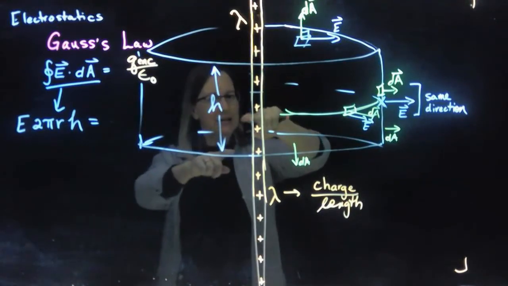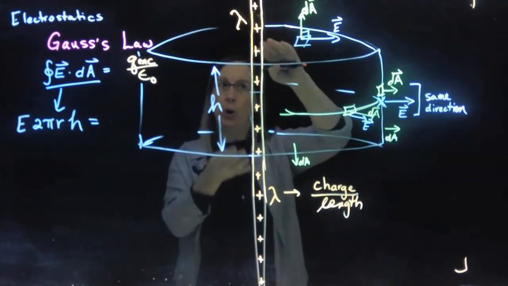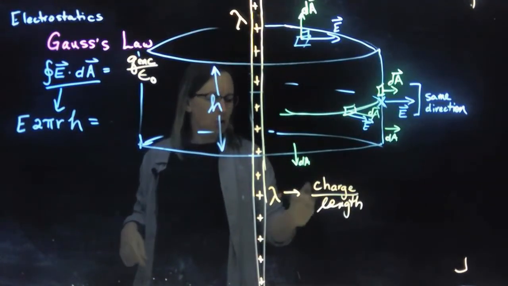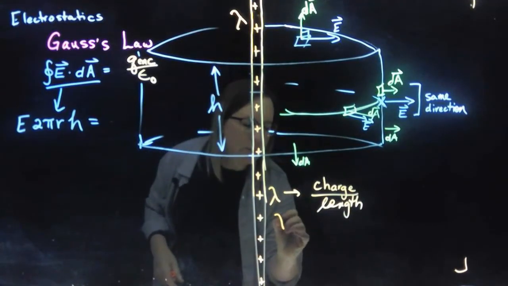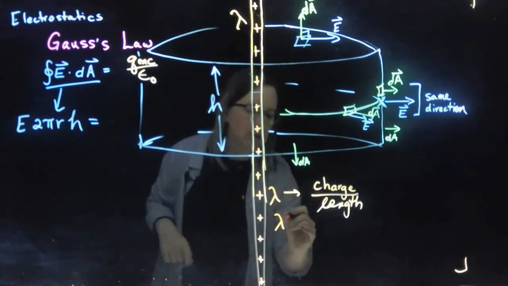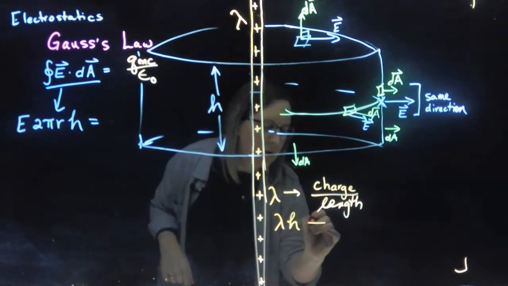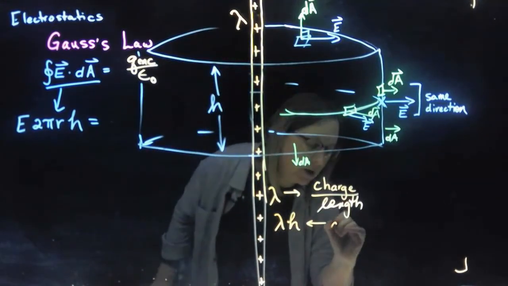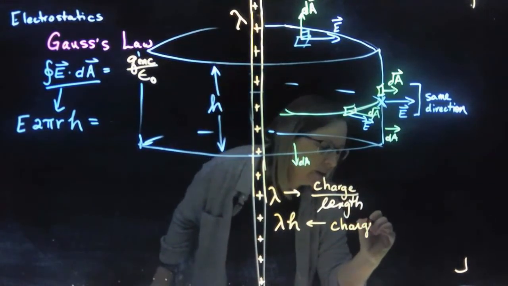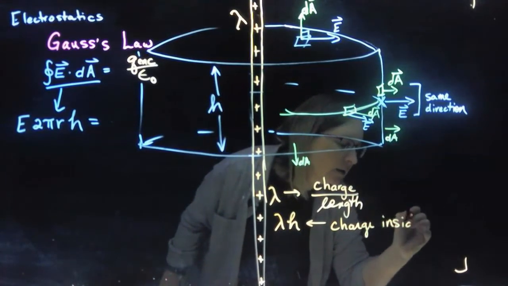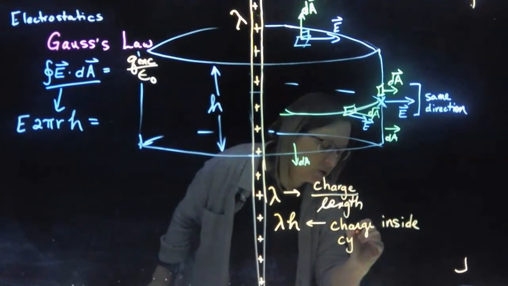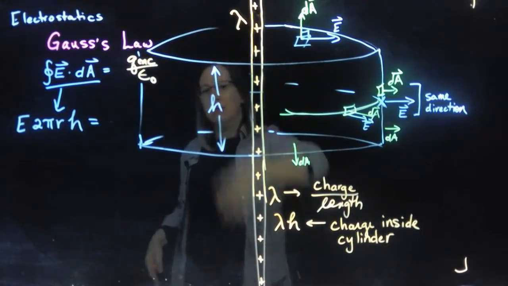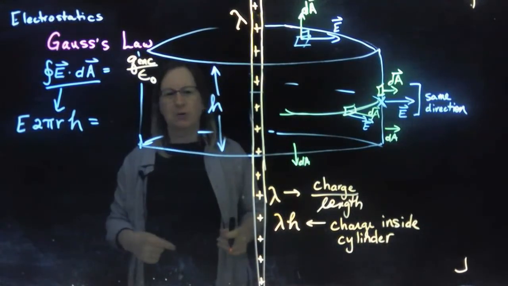In this case, the amount of charge inside this surface is going to be lambda times this h, because that would be the charge per length times the height. So that would be the charge inside the cylinder that I drew. How big is this cylinder? I don't know, it's a size h. Give it a number if you want, 25 centimeters.